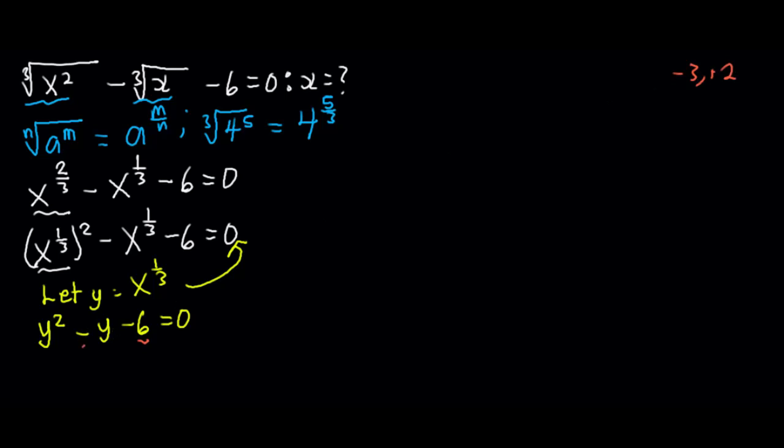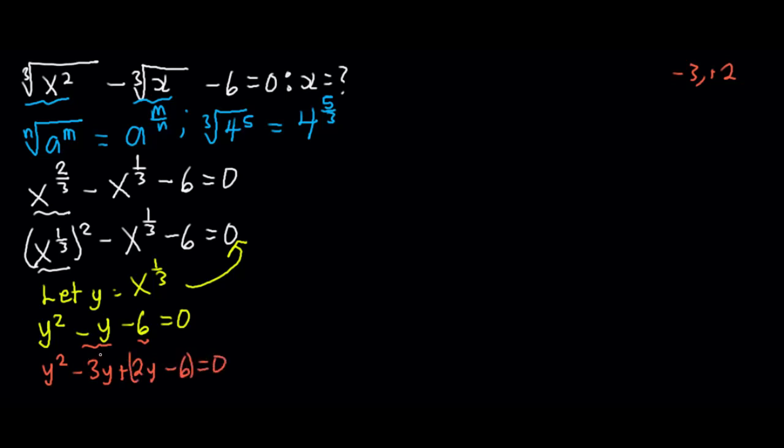So I'm going to rewrite negative 1y as negative 3y plus 2y. This is the same as y squared minus 3y plus 2y minus 6 is equal to 0.